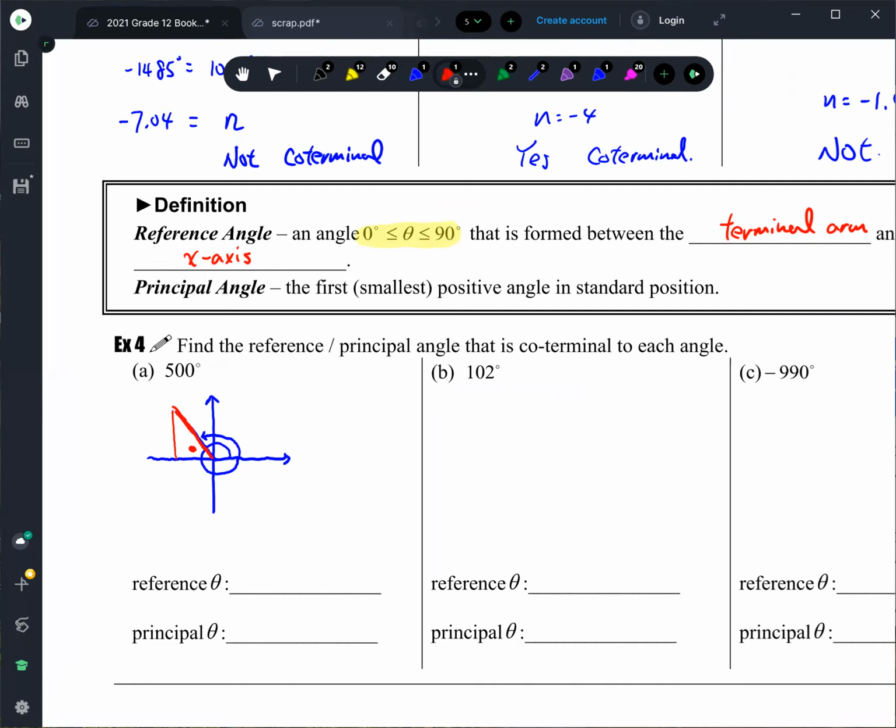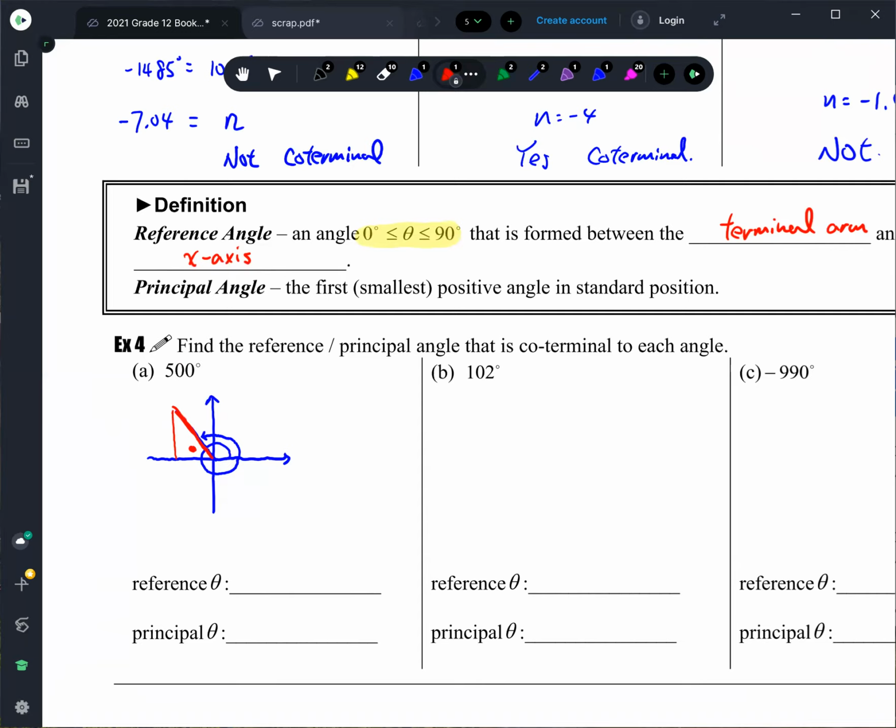Okay, Marcus, what's your answer for A? Is it 50? How'd you get 50? I did 500 minus 450. Where does the 450 come from?